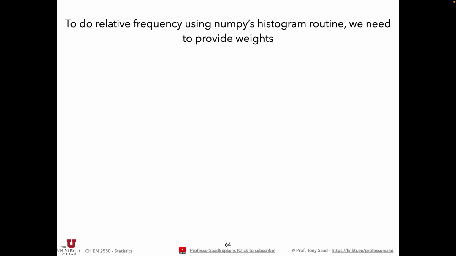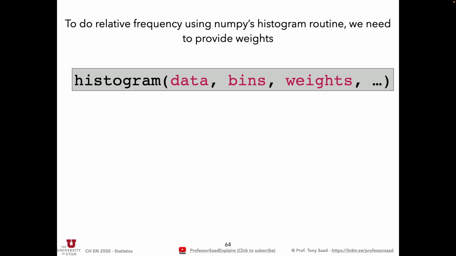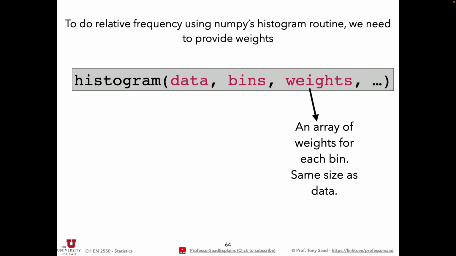All right? But it's a good opportunity to introduce weights to you. We will unlikely be using them moving forward, but it's good to just see this. So there's another option in NumPy's histogram, and it's called weights. What's important about weights is that it will be reflected when we calculate weighted means.